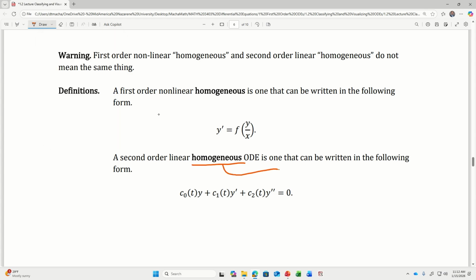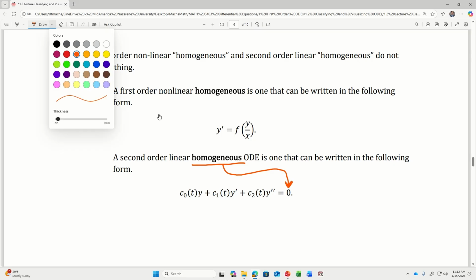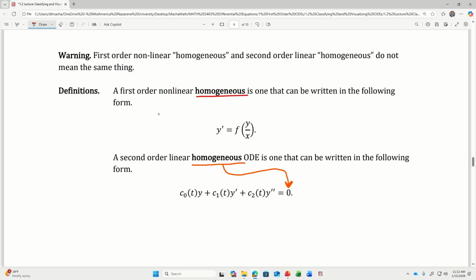So for a second order linear ODE, the right-hand side is 0, and that's what makes it homogeneous. For a first order nonlinear ODE, what makes it homogeneous is having this y over x part. 2 different definitions, depending on context.